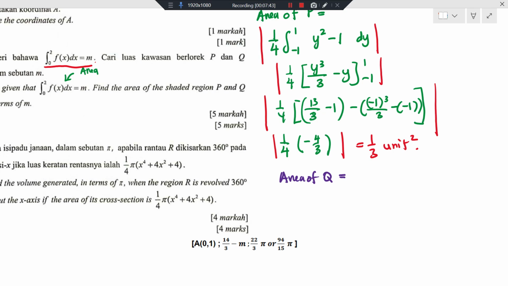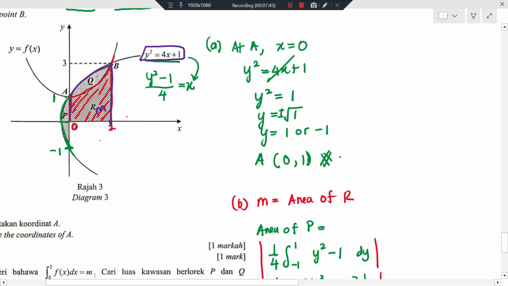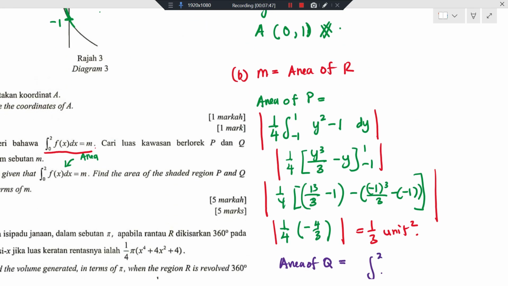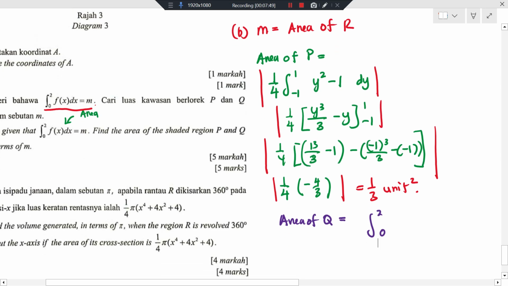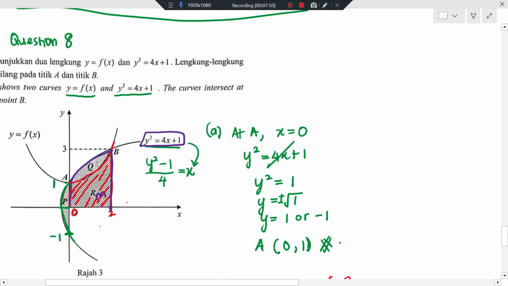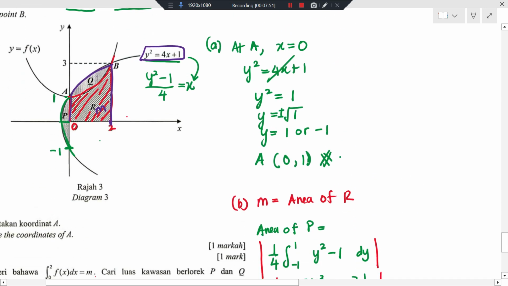Area of Q is actually the integral from 2 until 0 of your... Now, I'm using the x-axis, guys. If I'm using the x-axis, I need the y. Okay, I need the y, not y square. So y is equal to 4x plus 1, or in other words, 4x plus 1 power half.